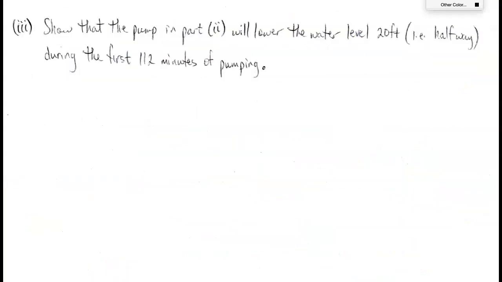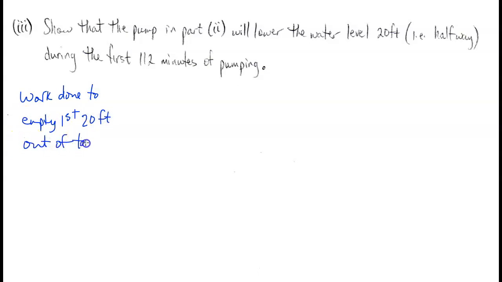All right, so now that we got that together here, we know that the work done to empty the first 20 feet out of the tank is going to be the integral from 0 to 20 of 62.4 times 108 times y dy, okay?